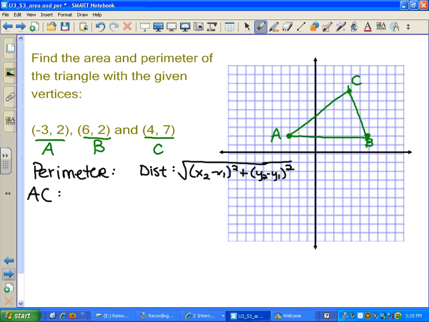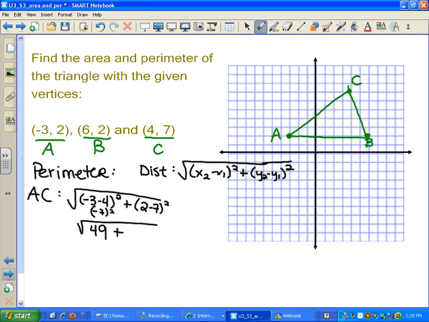So for AC, I'm going to take my x values between A and C and subtract them, so (-3 minus 4) squared. Plus, now I'm going to take the y values and subtract those, so that's going to be (2 minus 7) squared. Well, -3 minus 4 is -7, and if I square that, I get 49.